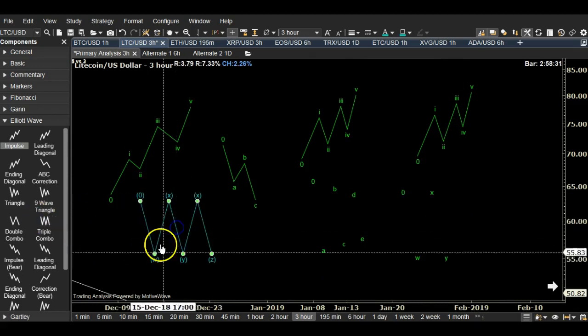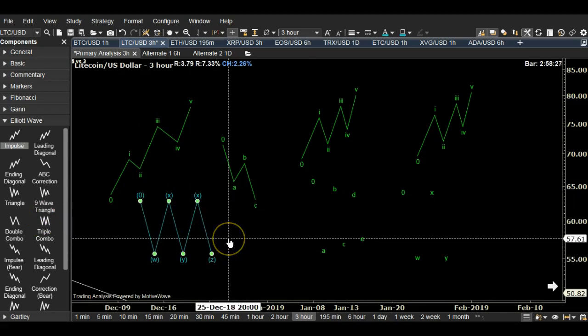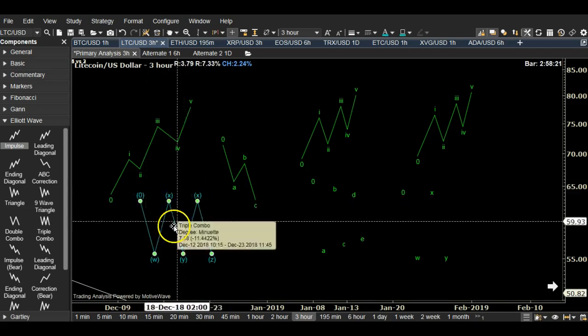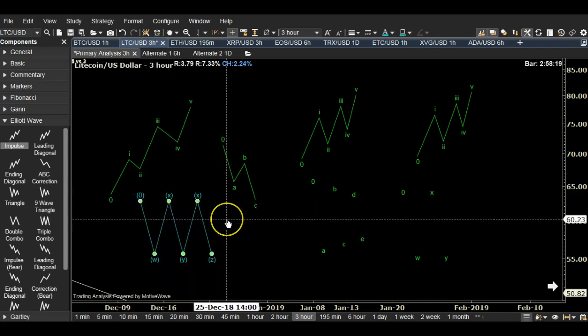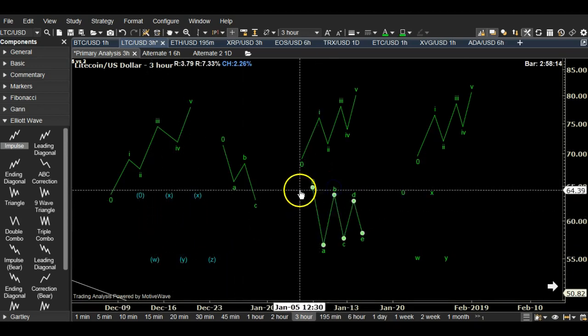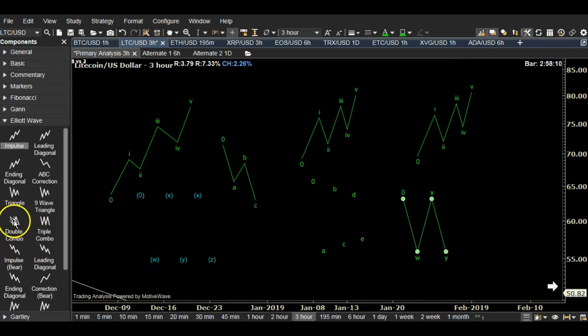You can have a triple combination where you have WXYXZ. So this is where a lot of chop happens in the markets, and you have to be very careful with your choices of trades when this stuff starts to show up. You want to let these waves develop, and you want to wait until they're over before you take a trade.